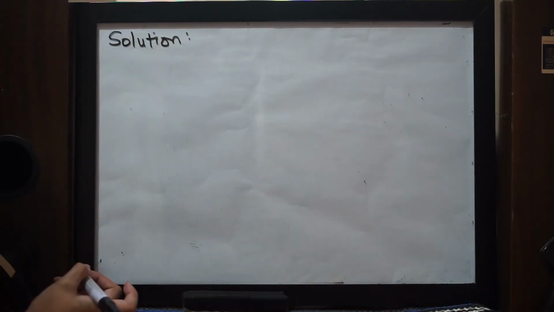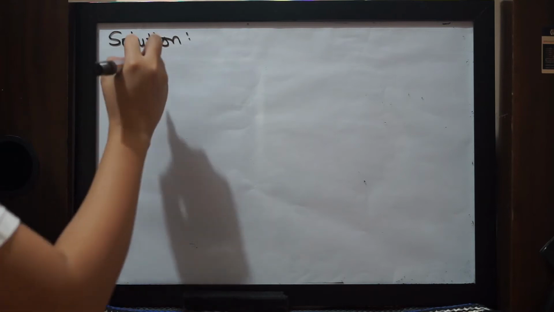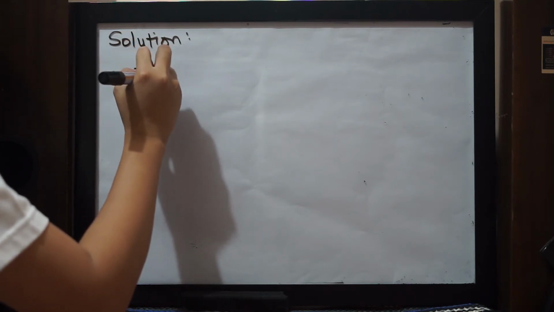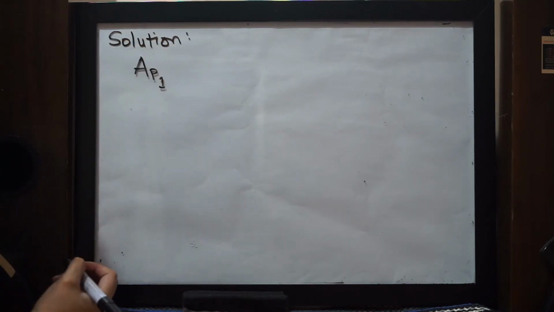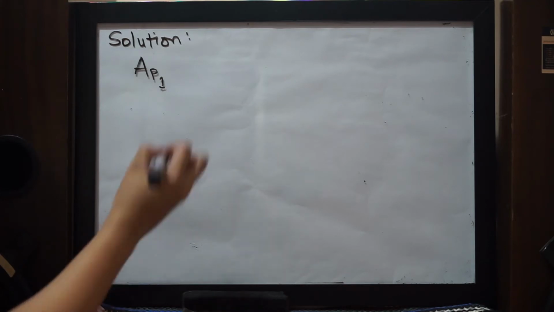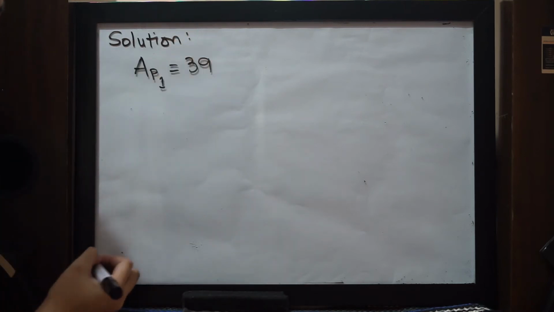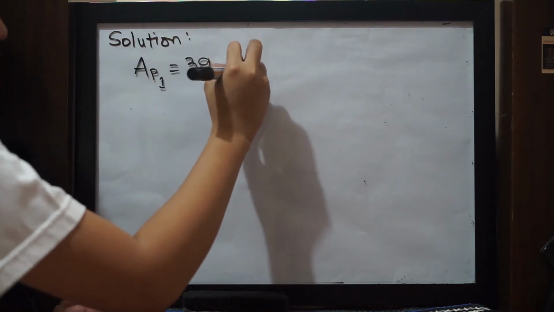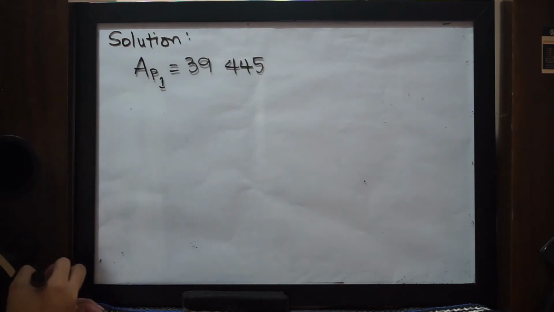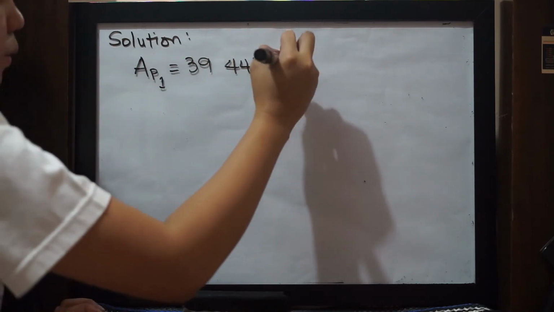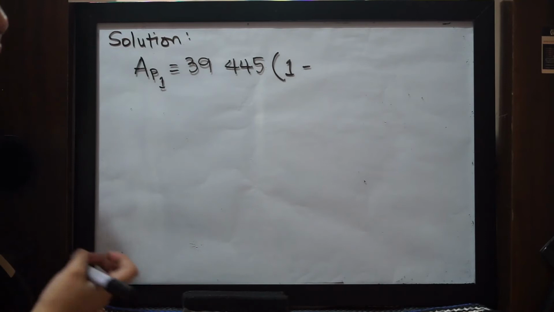So for the solution, let us first identify the amount payable for invoice number 1 with the net price equivalent to 39,445. So next, 1 minus d sub r.